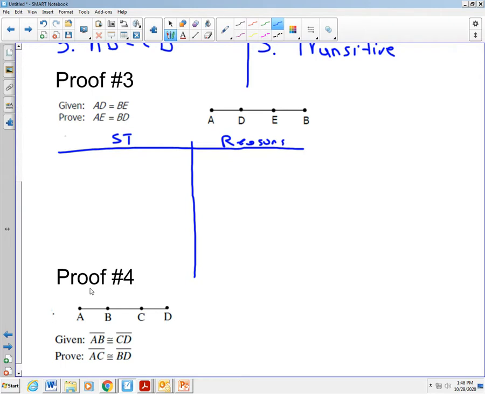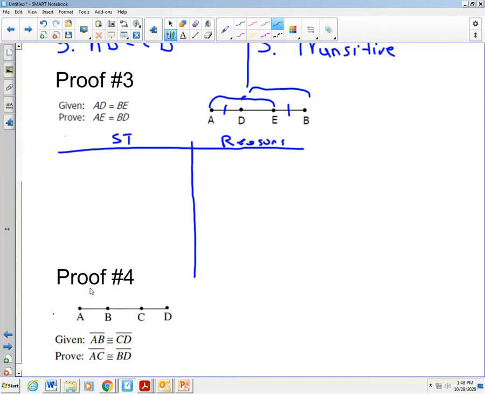So AD is equal to BE or EB. Okay? Show AE, so show that this segment is equal to this segment. All right. So your job is to show that AE is equal to DB.